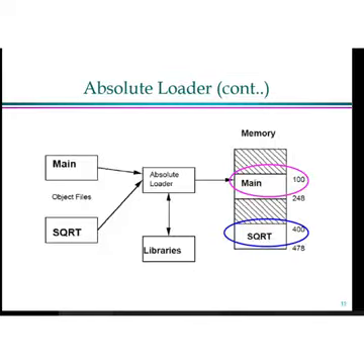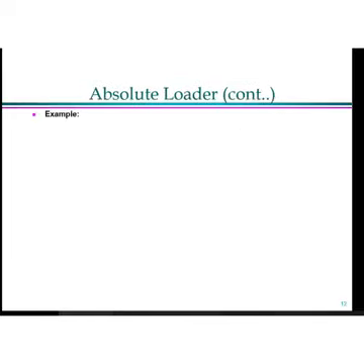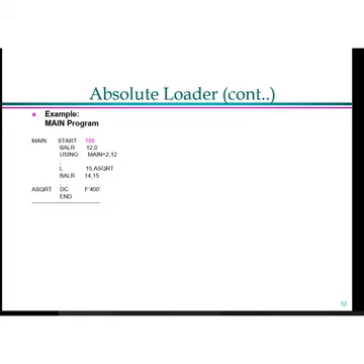What is written in this main module and sqrt module? I have assumed sample code for your understanding. My main program has something like this: the start statement is followed by address 100. I have written the 100 in pink color. Then the rest of the statements are just sample assembly code, and then the end of the program, so the main routine has ended.